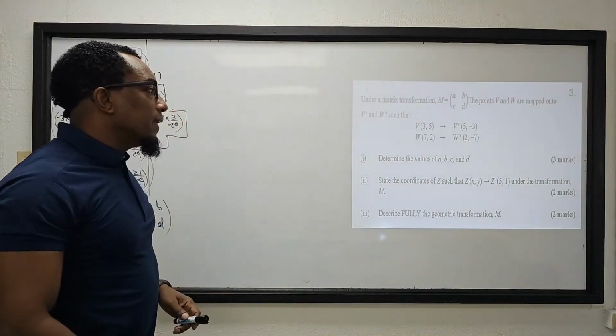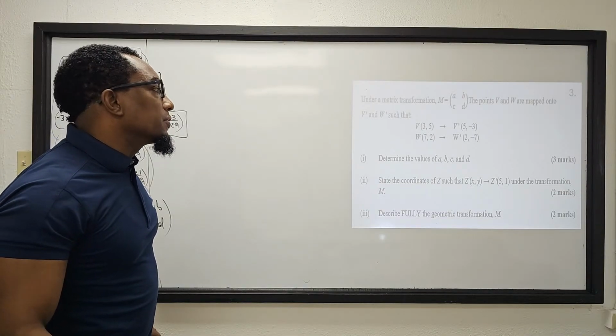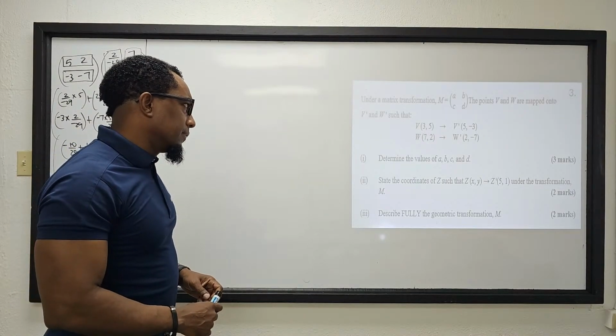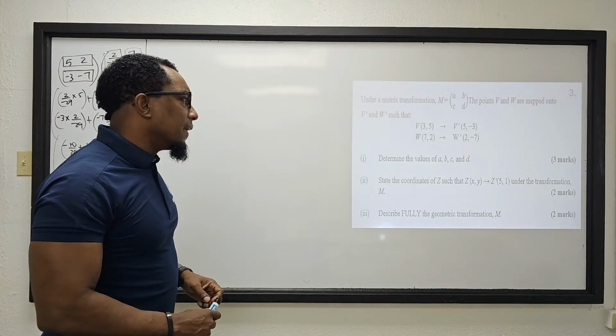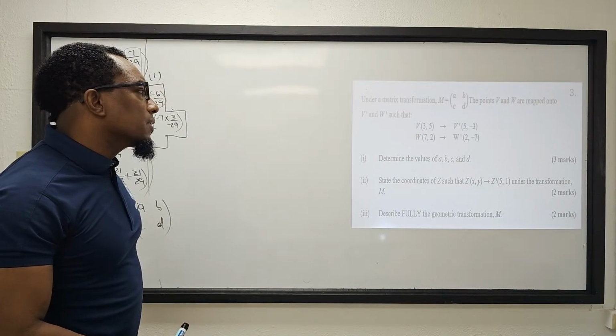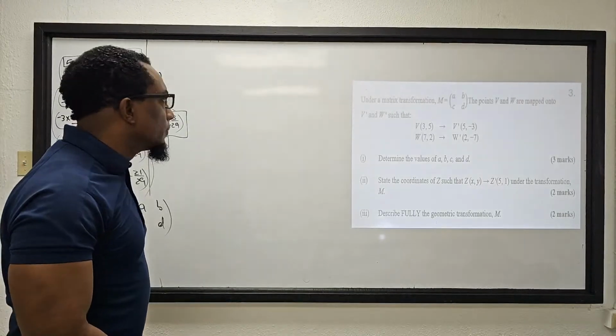They want us to state the coordinates of Z such that Z maps to Z prime under the transformation M. Good?